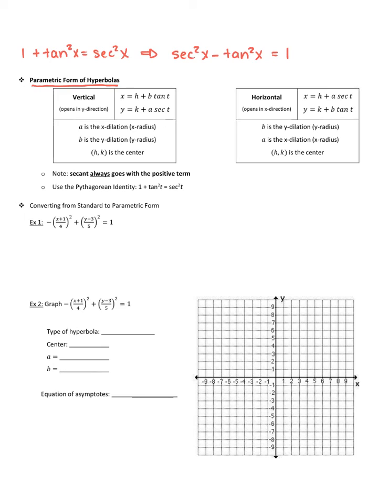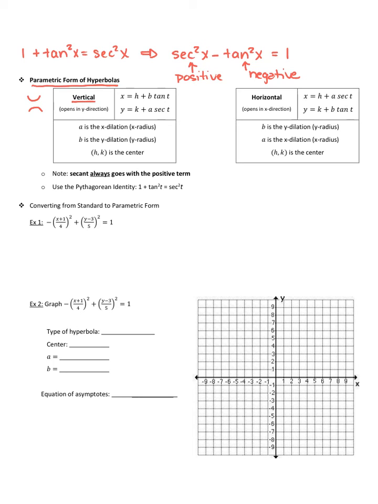So when we're writing a hyperbola, the positive term is always going to go with the secant. The negative term will always go with the tangent. So there's no one who always gets it. It all depends on who's positive, who's negative. Just like who gets the A, who gets the B. All right, so how this is going to work, if it's a vertical, remember that means that your graph looks like this.